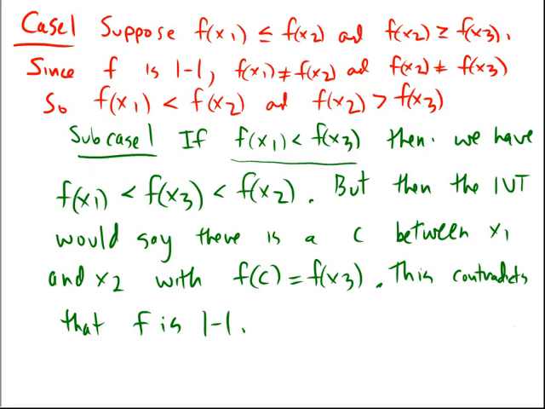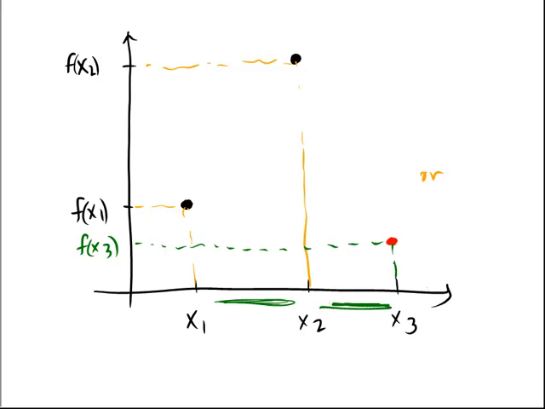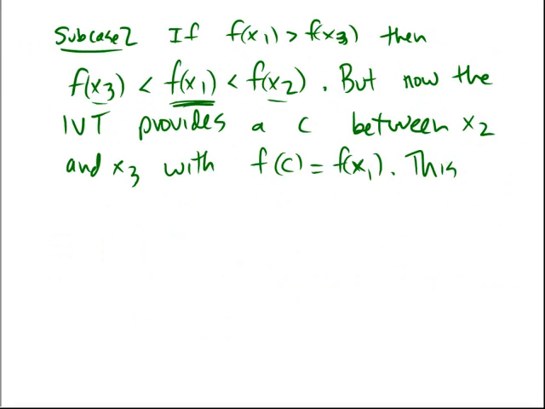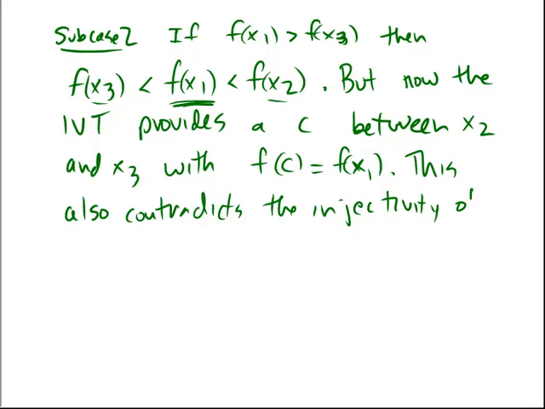So now we have something between 2 and 3 that is equal to f of x1, and that's no good. This also contradicts the injectivity of f. So both of these subcases prove a contradiction on case 1. Now that's half of the proof.